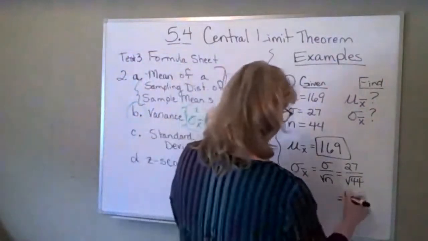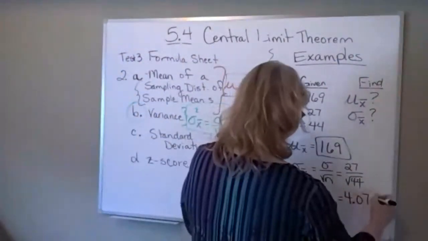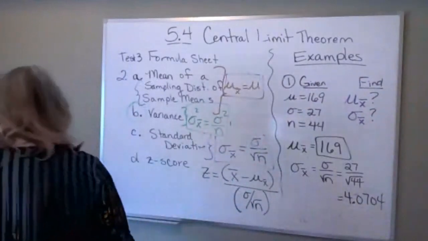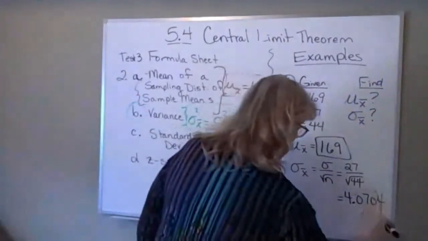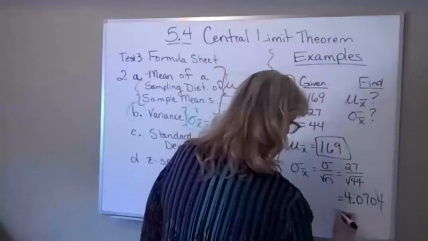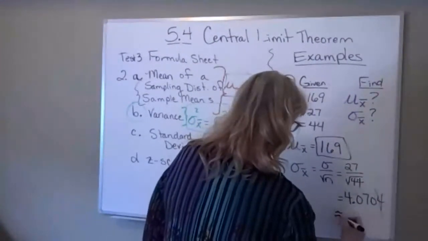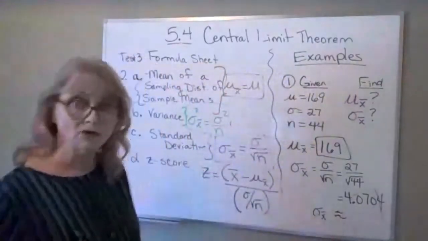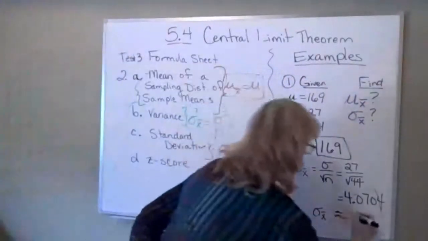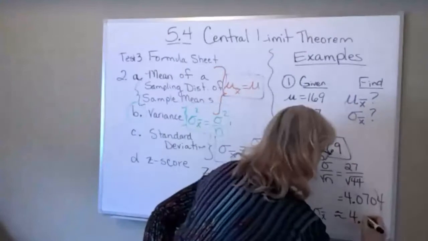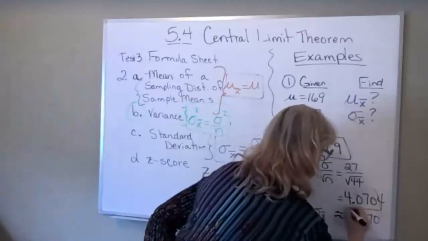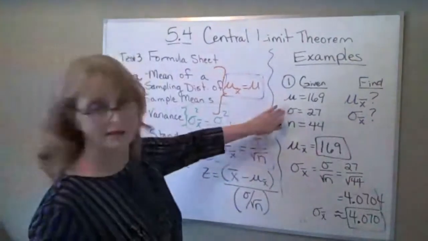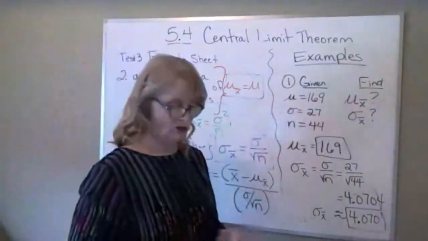And I get 4.0704. And they tell me to round that to 3 places. So that means I needed to know that fourth number. So to 3 places, the standard deviation of that sampling distribution of the sample means is going to be 4.070. And there's the standard deviation, which notice is different than the standard deviation of the population.